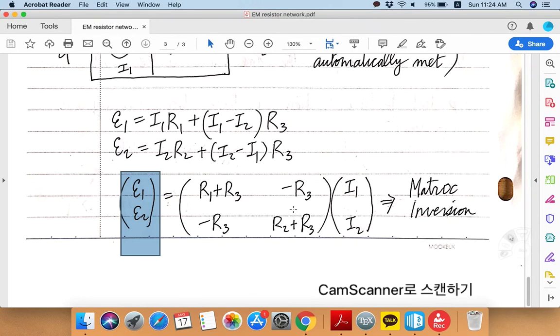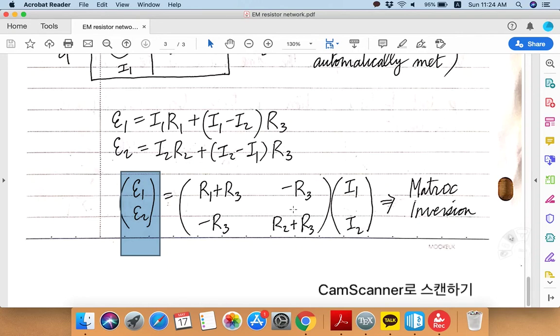Okay, and since this resistor network problem is the same as the linear algebra problem, perhaps that principle of superposition should apply to the resistor network problem as well. And that's exactly the case.